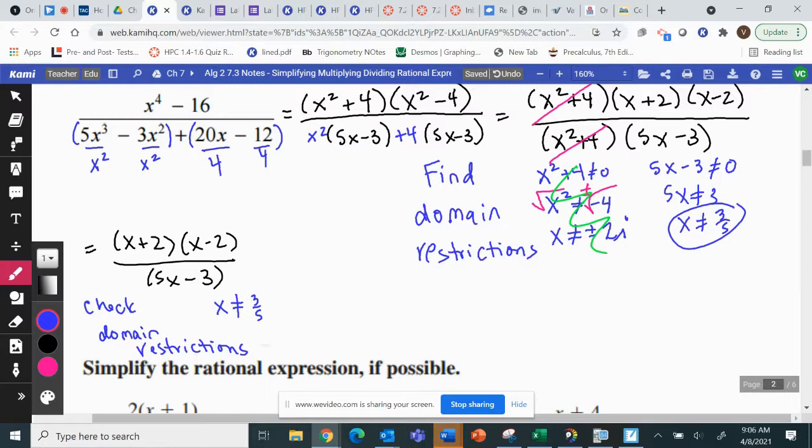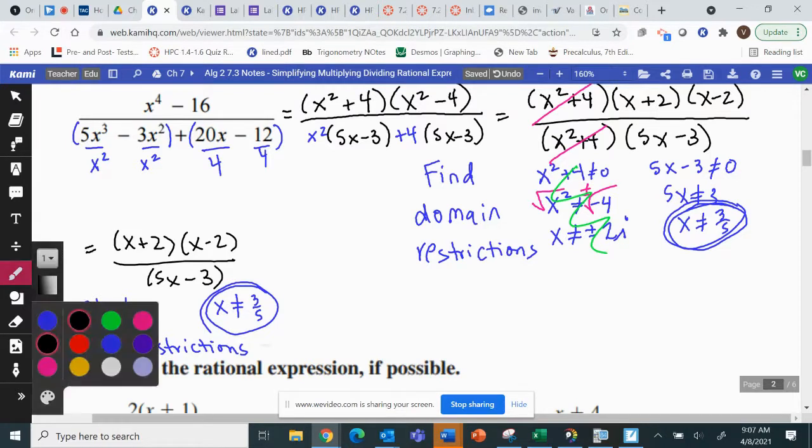Ashlyn, what do you think? I'm not really sure if it changes when you cancel it. So what were the domain restrictions that I had for that x squared plus 4? Remember how I scribbled it out and said it doesn't even matter because they're imaginary. So because it didn't matter, nothing changed. This was the only domain restriction before, and now this is the only domain restriction. They are the same. So nothing changed.